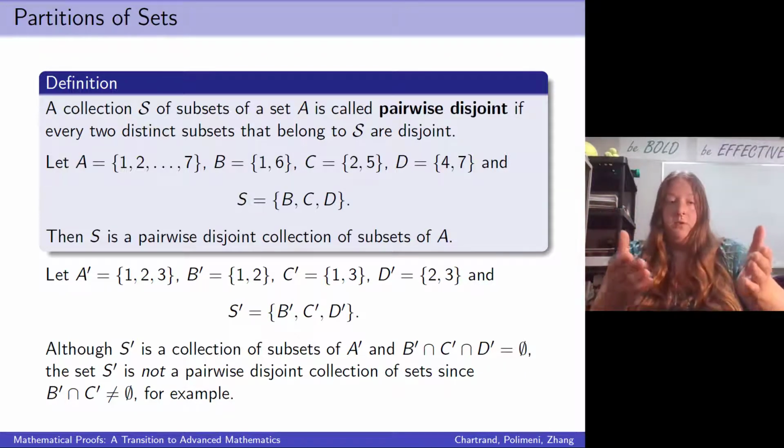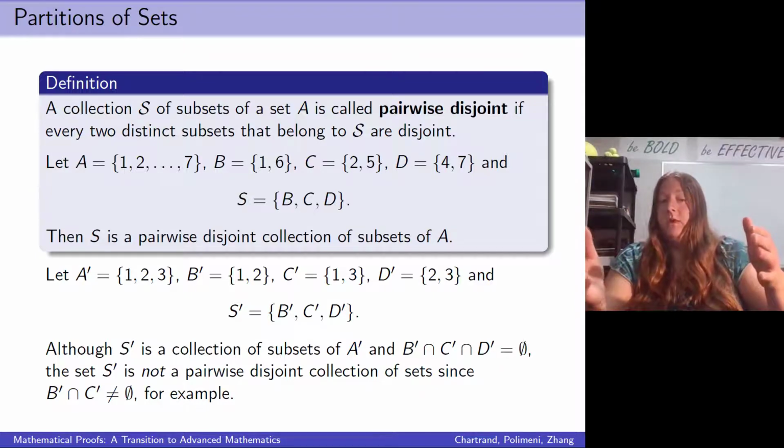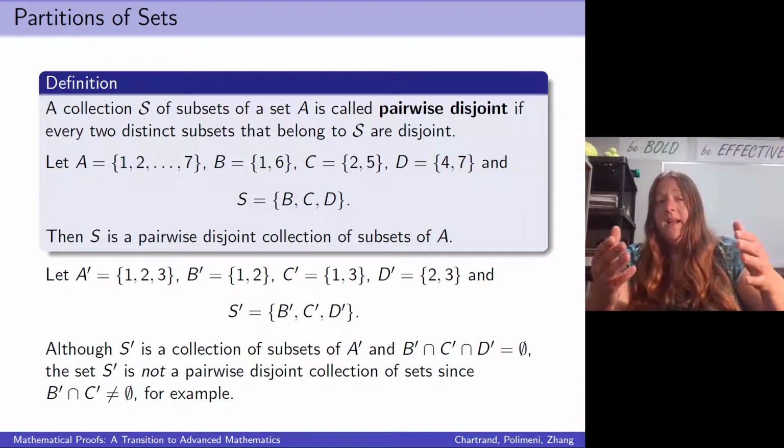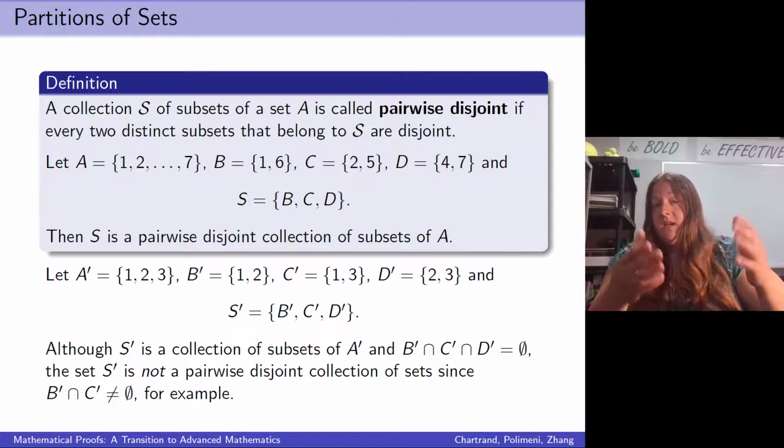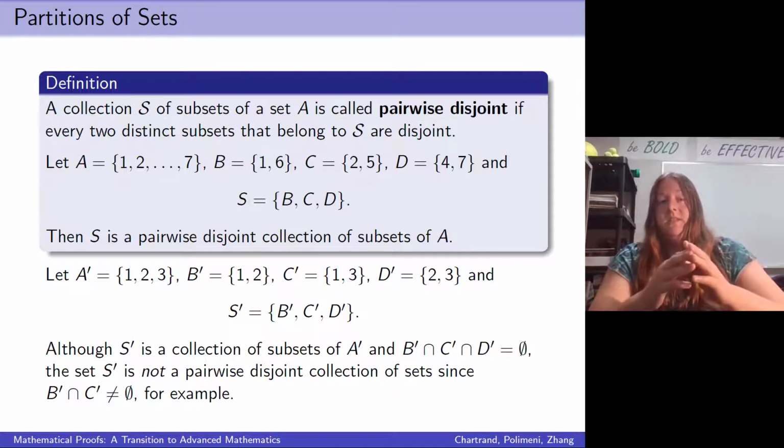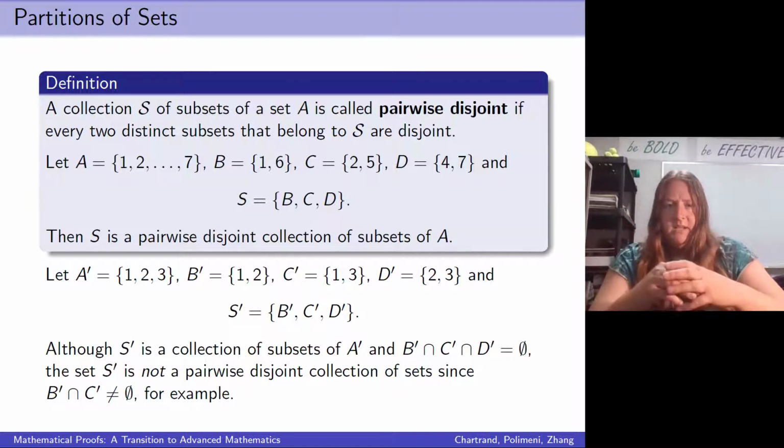So here's an example where I have A as the numbers between 1 and 7, and I have B is 1 and 6, C is 2 and 5, D is 4 and 7, and I have this S, all right? S is B, C, and D, so I'm going to put all of those things together.